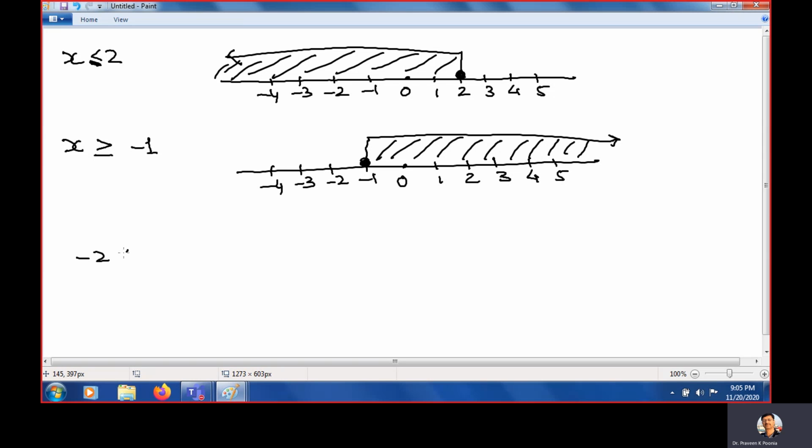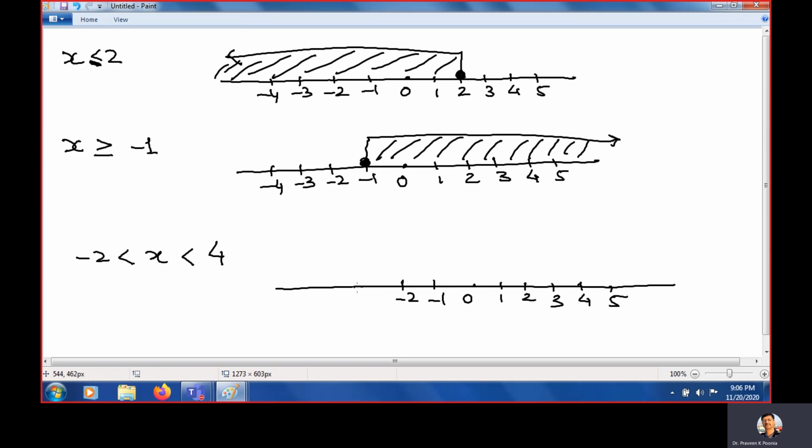But if I am taking an interval, let us take minus 2 is less than x, less than or equal to 4. Okay. So we will draw the number line. It is 0, 1, 2, 3, 4, 5. It is minus 1, minus 2, minus 3, minus 4.